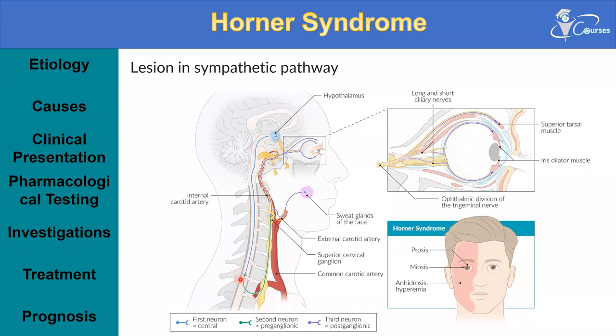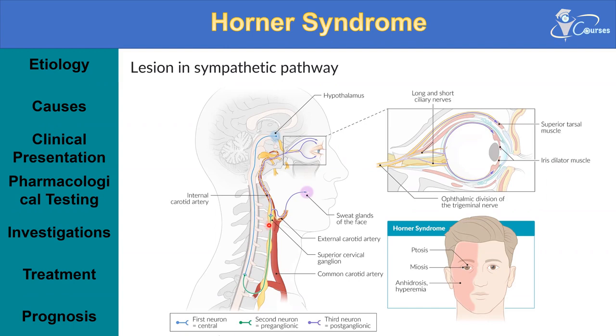Then fibers from the ciliospinal center of Budge ascend to pass over the apex of the lung, then through the neck, till they reach the superior cervical ganglion. The superior cervical ganglion is in conjunction with the common carotid artery, then the external carotid and the internal carotid.